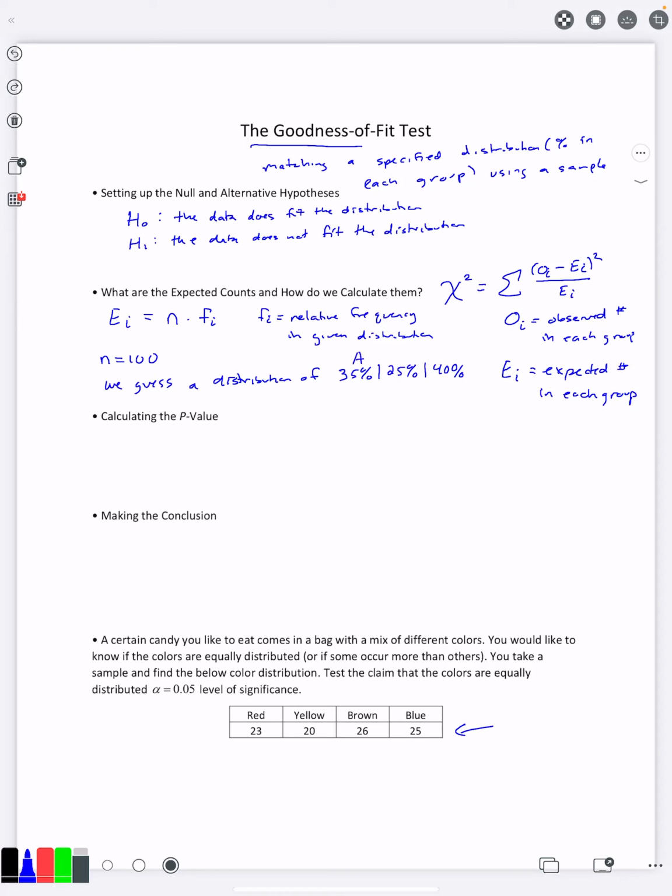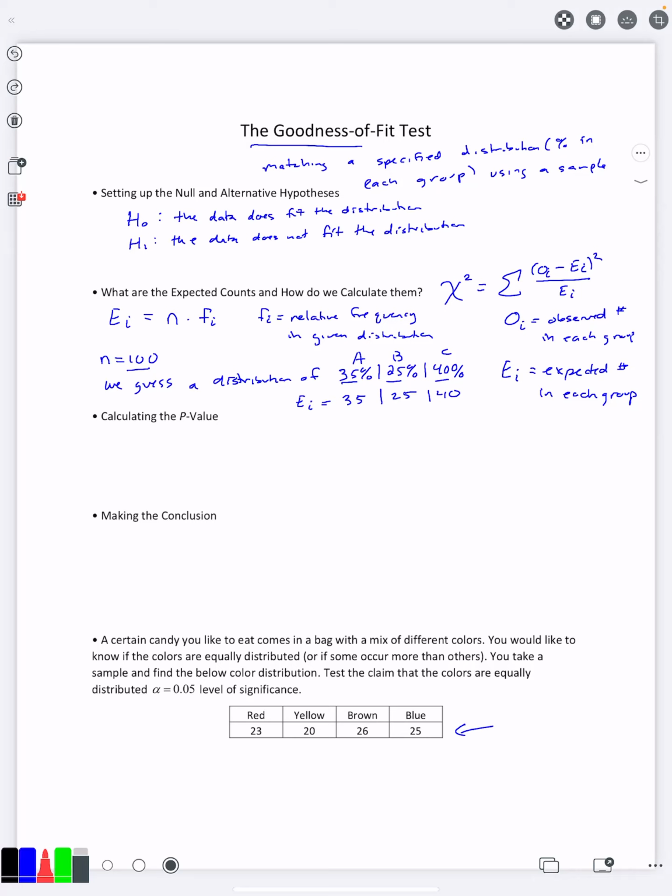We'll call them A, B, and C for now. I'm predicting there's 35% going to be in group A, 25% in group B, 40% in group C. So what I want to do is take my 100 and multiply it by each one of these percentages and get an expected count of 35, 25, and 40.